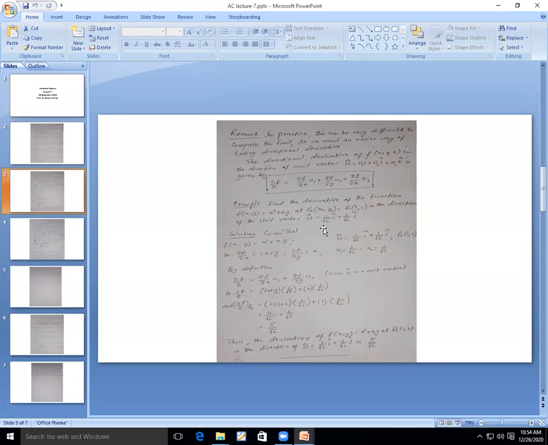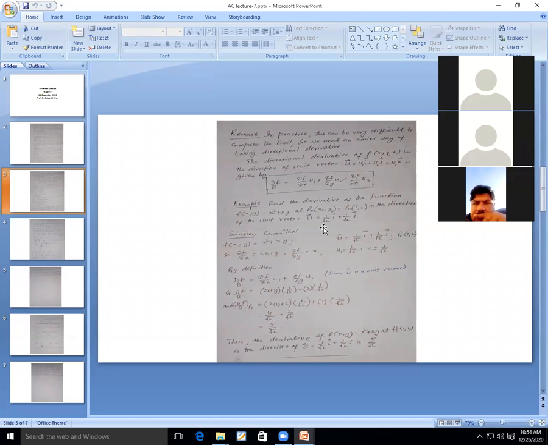Putting the values, you get 2x plus y times u1, which is 1 over root 2, plus the partial derivative of f with respect to y, which is x, times u2, which is 1 over root 2. So this is the directional derivative of f in the direction of unit vector u.